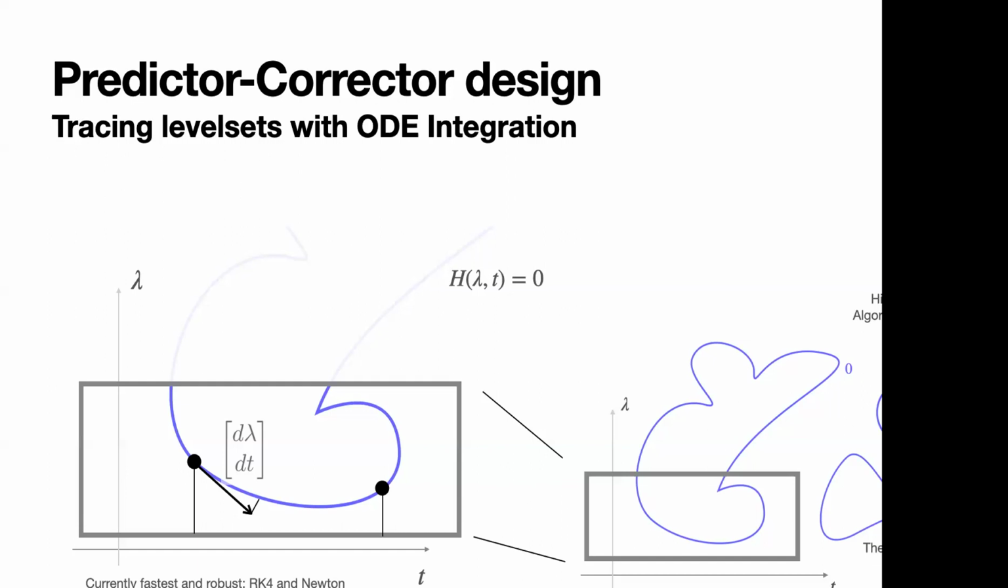But what's the problem with that? This line is just the derivative of the H function of our equations in terms of t. It's just one of the tangent directions there.